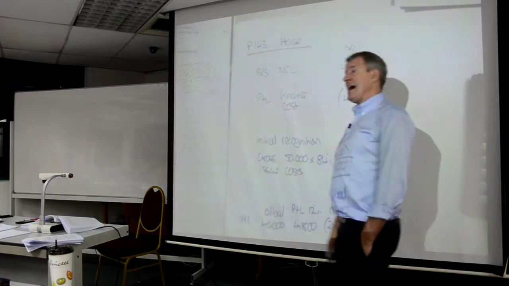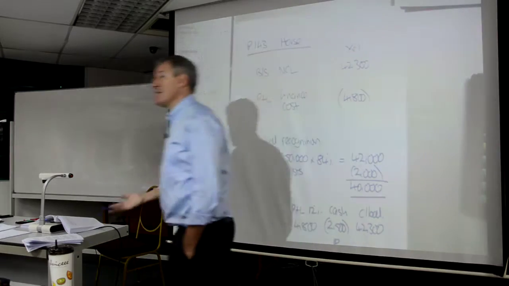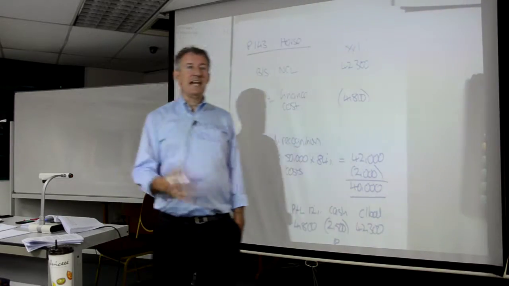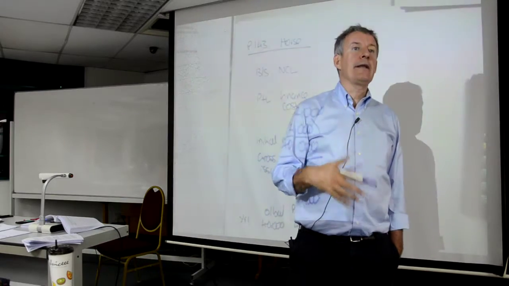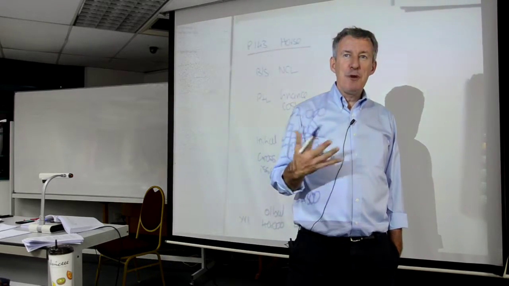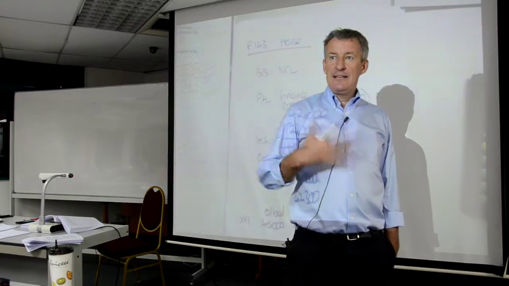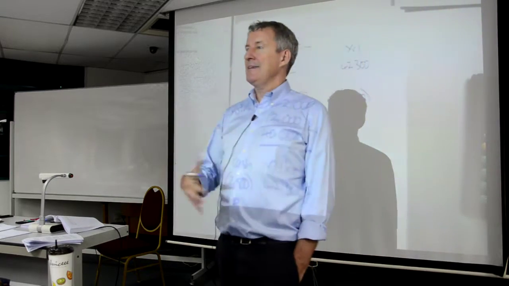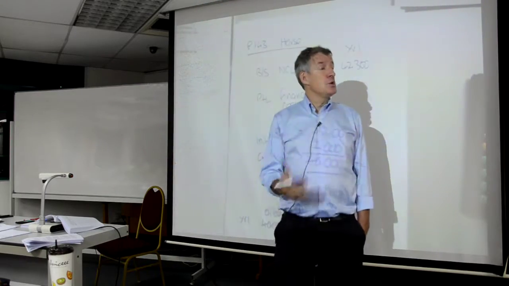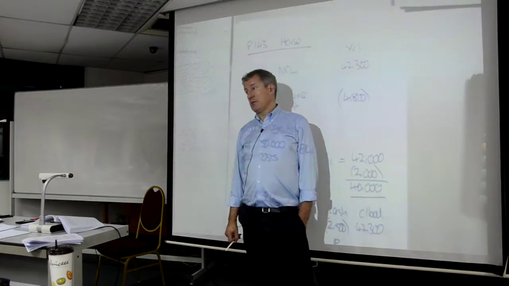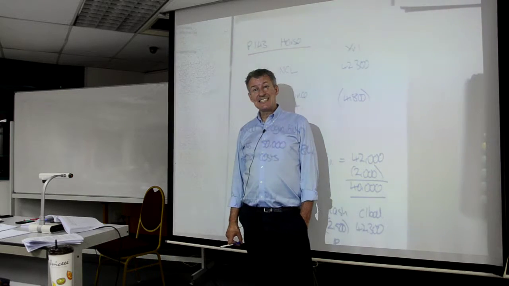So there will be some assets that we never trade. If you've got a financial asset that you're never going to trade, and all you're doing is collecting the principal payments of interest and capital, then you can have it at amortized cost. And that is something that we will look at next time.